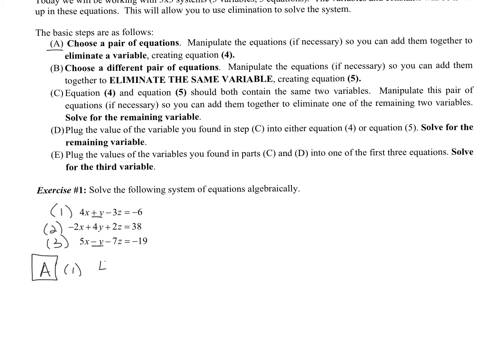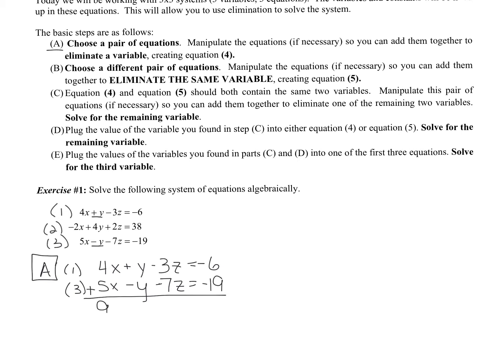Now I find it helpful, because mistakes do happen, to just write what equations we're working with as we go through. So this is equation 1 and equation 3. So we're going to add those equations together.